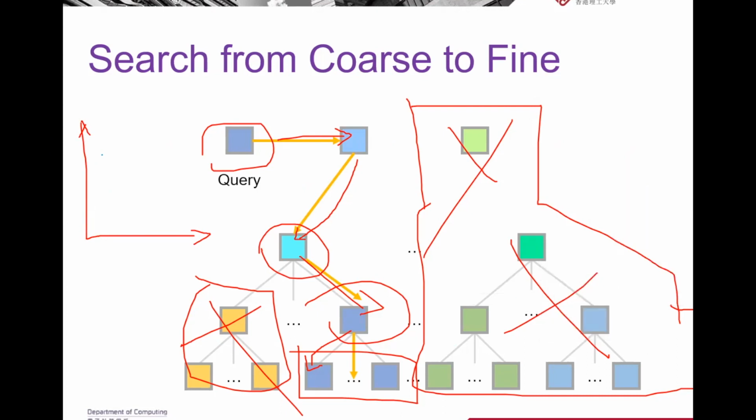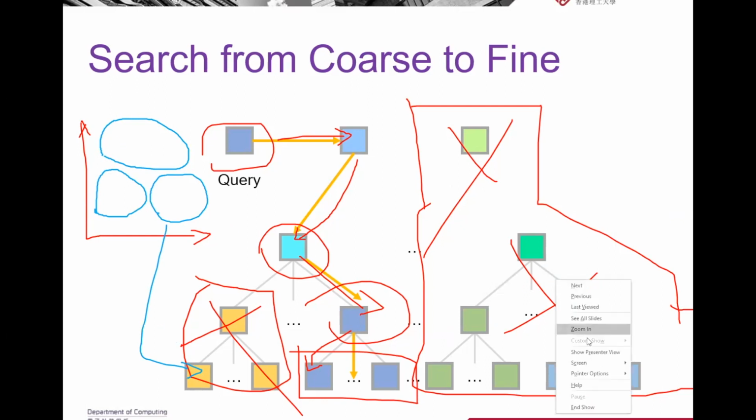So let's see. Initially, we have those 3 clusters. This might correspond to the first round clustering results, right? Then you do it further. What we're going to have will be something like, so we further divided that feature space, something like that.